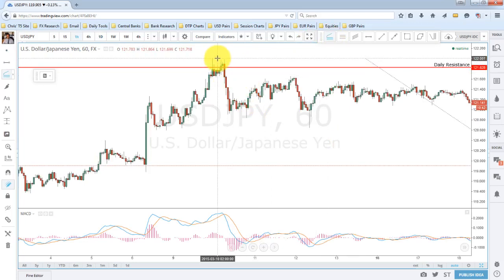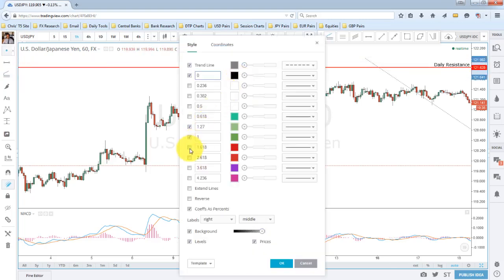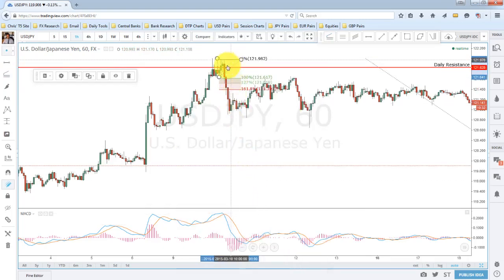Look at how price measured down to the low, to the high. Obviously, we have a solid extension setup here. Our entry would have been right here at the 1618, stop above the high, and we could target the daily target levels.